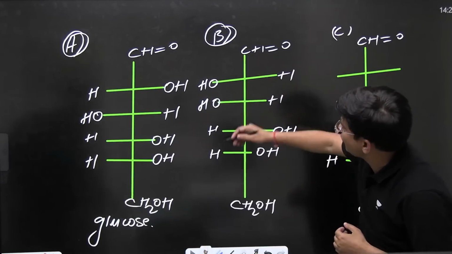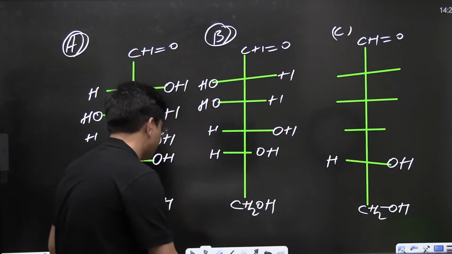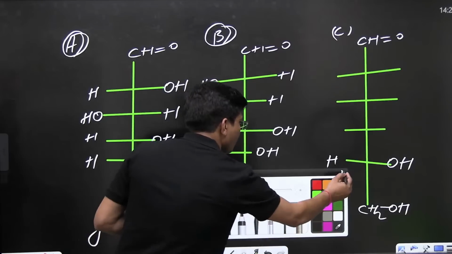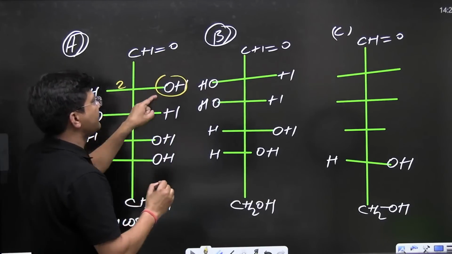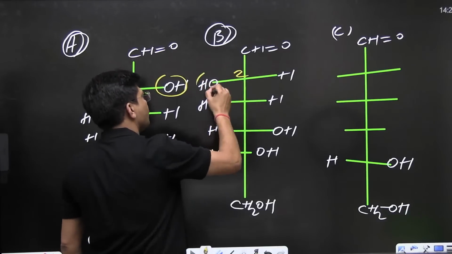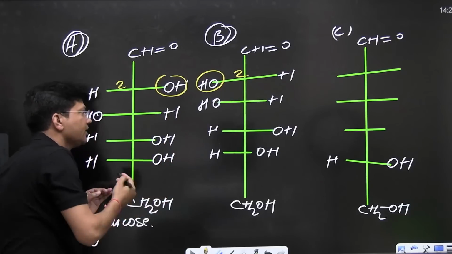Just try to find out where is the difference between A and B. Yes, your answer is at the second carbon: OH is on the right hand side, and here the second carbon OH is on the left hand side. Rest of the things are really the same.